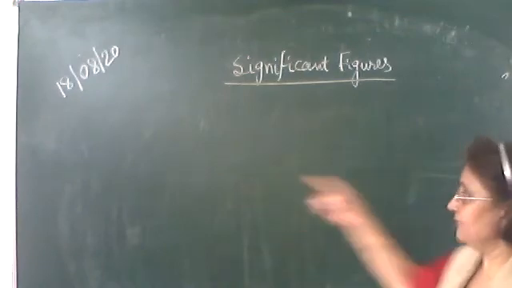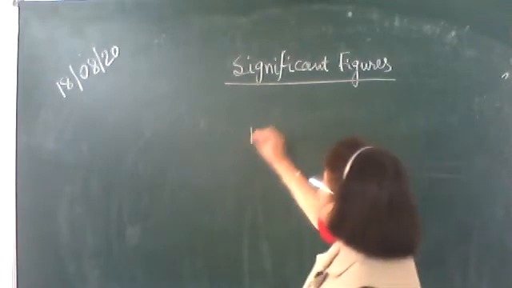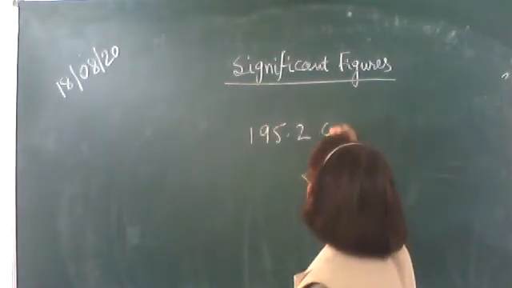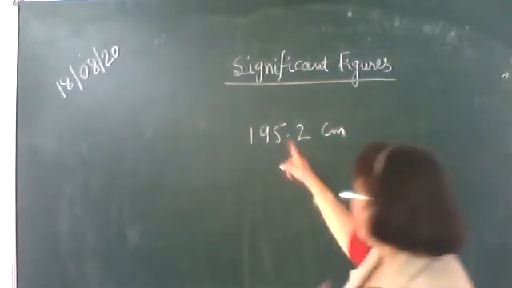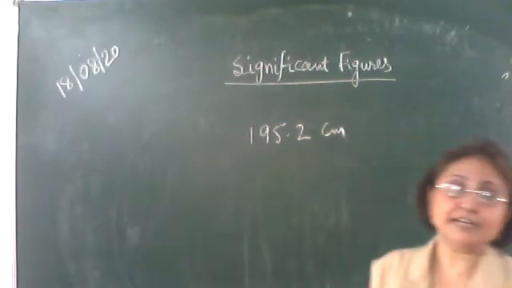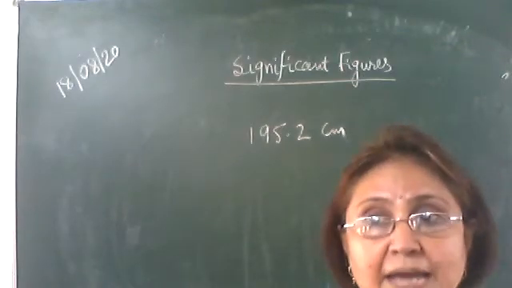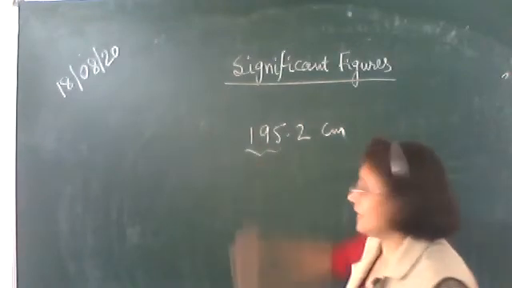For example, if I say that the length of this boat is 195.2 centimeter. Now here the first three digits 195, these are certain, these are reliable.